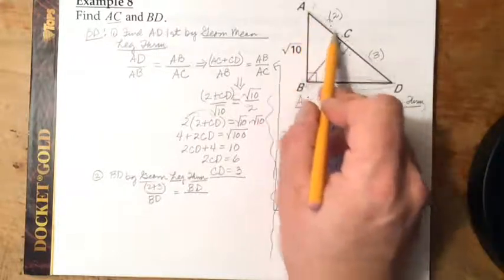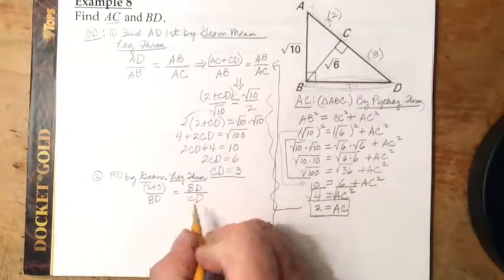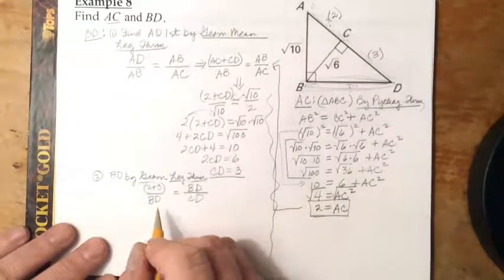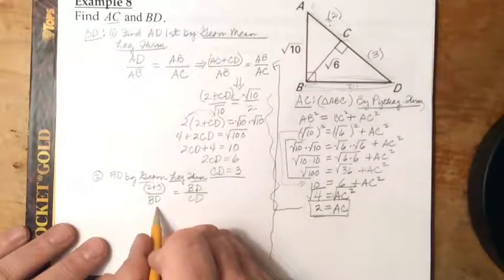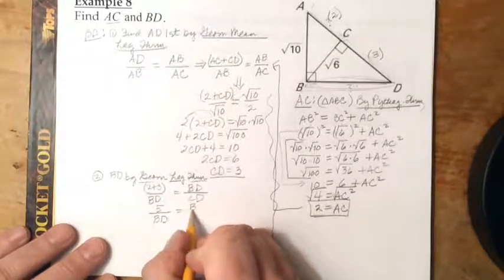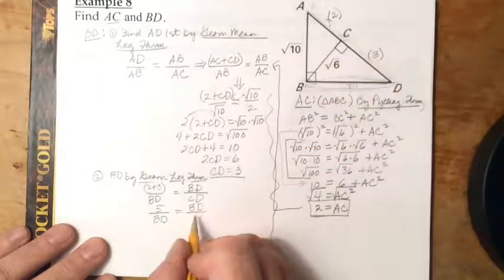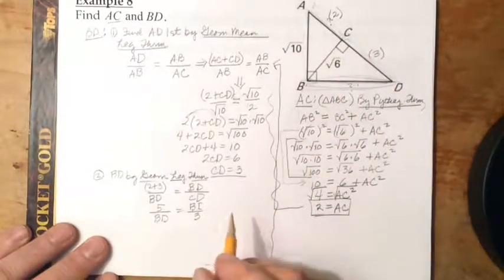It's not this one like before, it's this one, CD. And then we substitute in those values. That would be 5 is to BD, as BD is to CD. And CD was 3. That's why we had to find it a while ago.